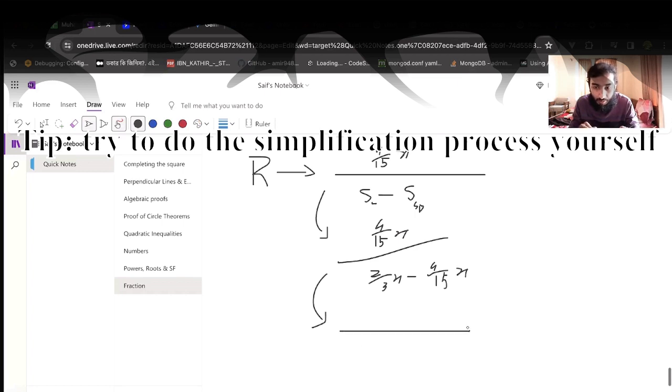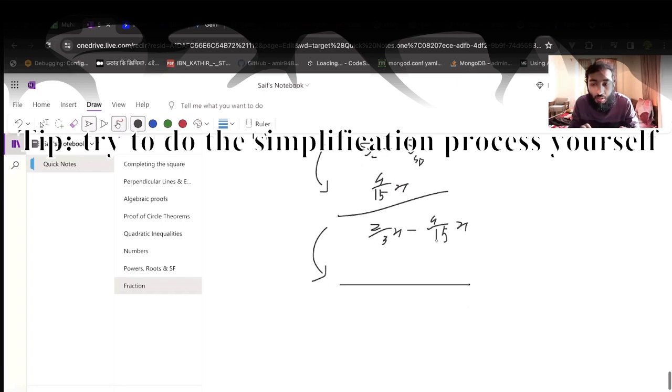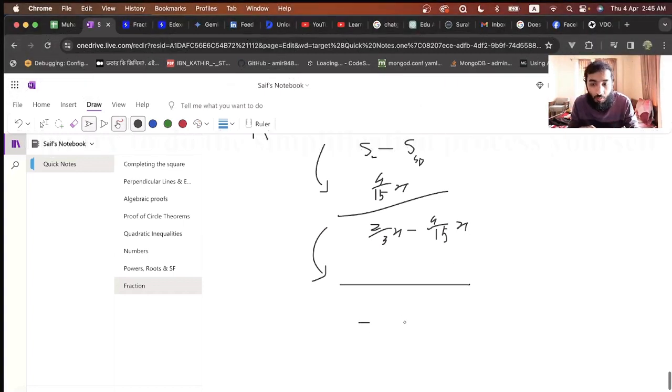If I first simplify the denominator, we get 3 and 15. 15 can be divided by 3, so 3 5s are 15, 5 2s are 10, so 10x, minus 15 divided by 15 is 1, so 1 multiplied by 4 is 4x.